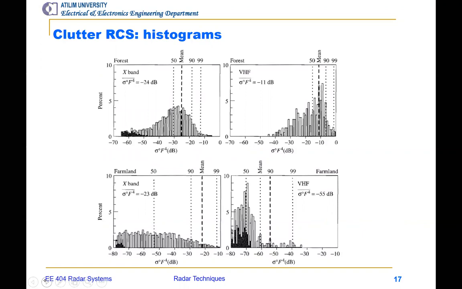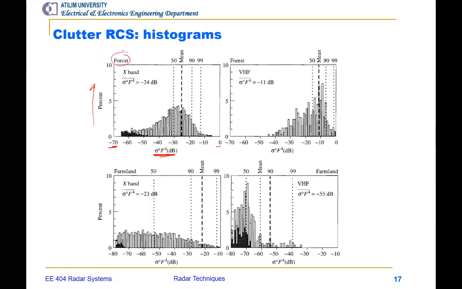Okay, in this slide, we can see clutter RCS for forest and farmland, for X band and VHF band. We can see the values of RCS from minus 70 to 0, not 0, less than 0. And the number of hits per set is indicated on the vertical axis.